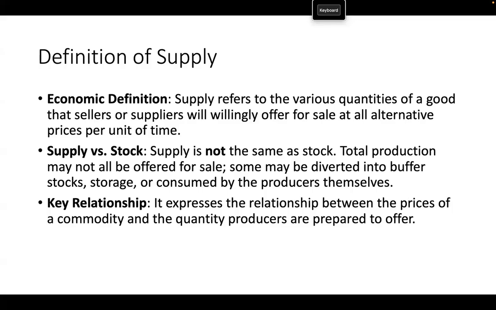That's why we are saying that supply is different from stock. Some may be converted into buffer stock. You can store it for future use. Or some may be consumed by the producers themselves. So if you produce a product and you consume it, you can't say that you've supplied the product.